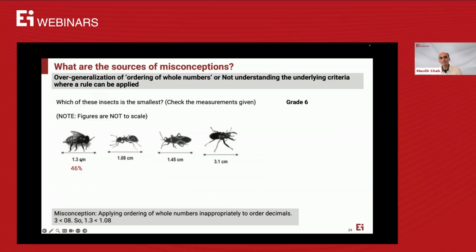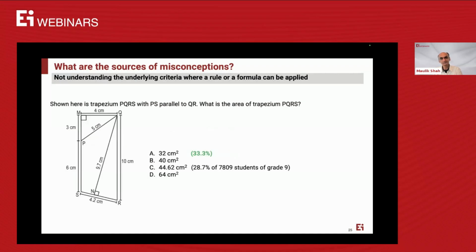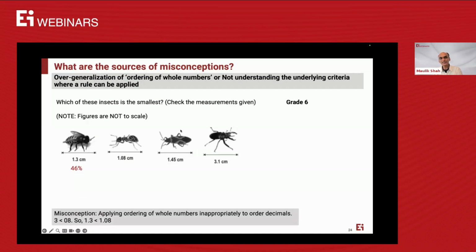So 1.3 centimeter is less length than 1.08. They are inappropriately applying ordering of whole numbers to decimals as well. So that is overgeneralization of ordering of whole numbers. By the way, that strategy works when you convert them into like decimals, 1.30, and then 30 and 8 can be compared. So maybe that kind of rule is not understood, when to apply.